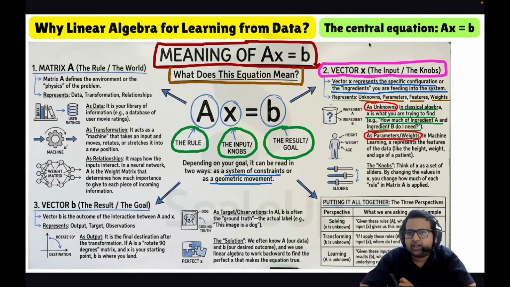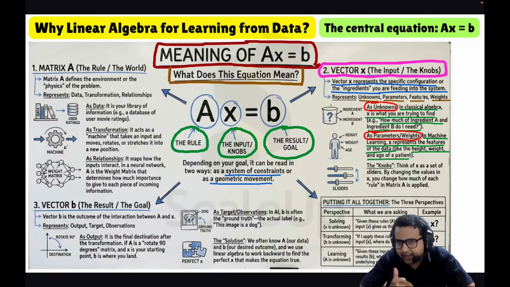In machine learning, x represents the features of the data, like the height, weight, and age of a patient.